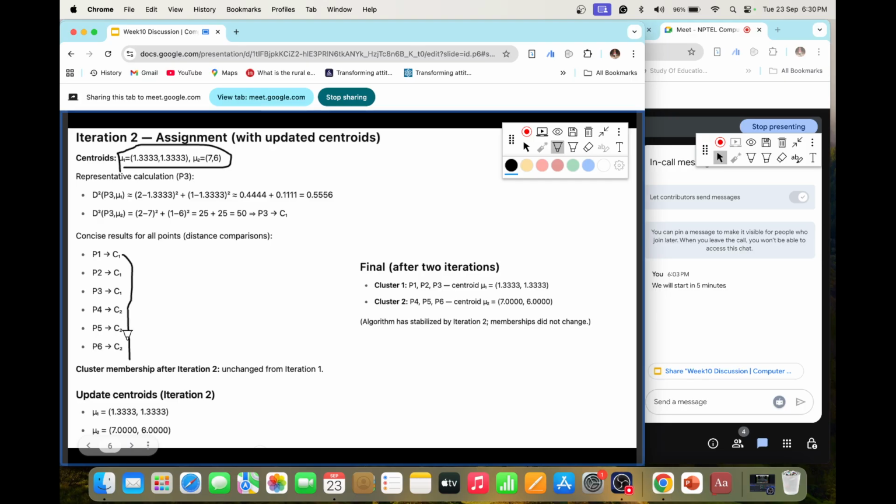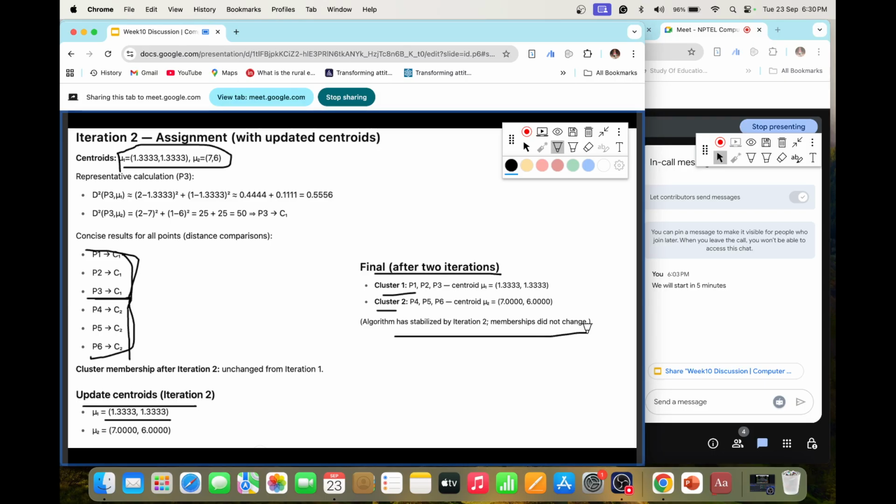That means there is no change in the clusters, and the centroids will also not change because the points are the same as in the previous iteration. So this is the final result after 2 iterations, for cluster 1 and cluster 2. The algorithm has stabilized by iteration 2 and the membership will not change.